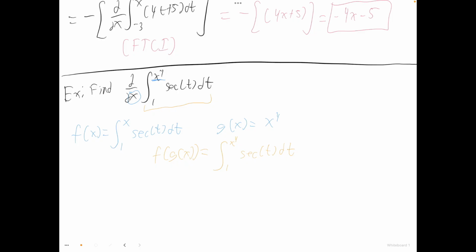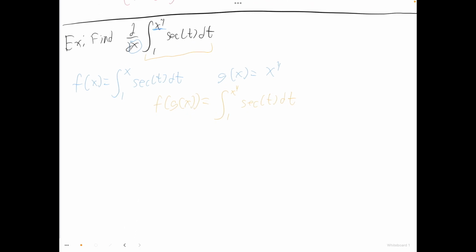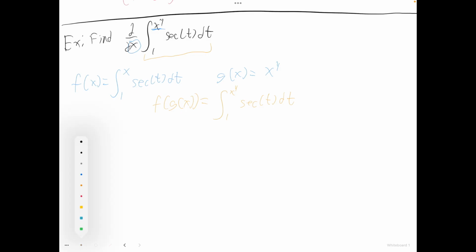So the composition of these functions is the thing I wanted the derivative of. And so now we just need to use the chain rule. The chain rule says we take the derivative of the outer function, evaluate it at the inner function, times the derivative of the inner function. Well, what is the derivative of the outer function? We're taking the derivative of the integral from 1 to x of secant of t. The Fundamental Theorem of Calculus tells us that's just secant of x.